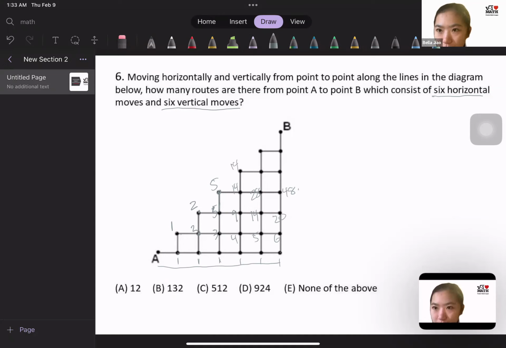And this one's still 14. 14 plus 28 is 42. 42 plus 48 is, well, actually, no, that's 90, sorry. 90, and then 42 to 42. 90 plus 42 is 132. And this is still 132. So then the answer is B.